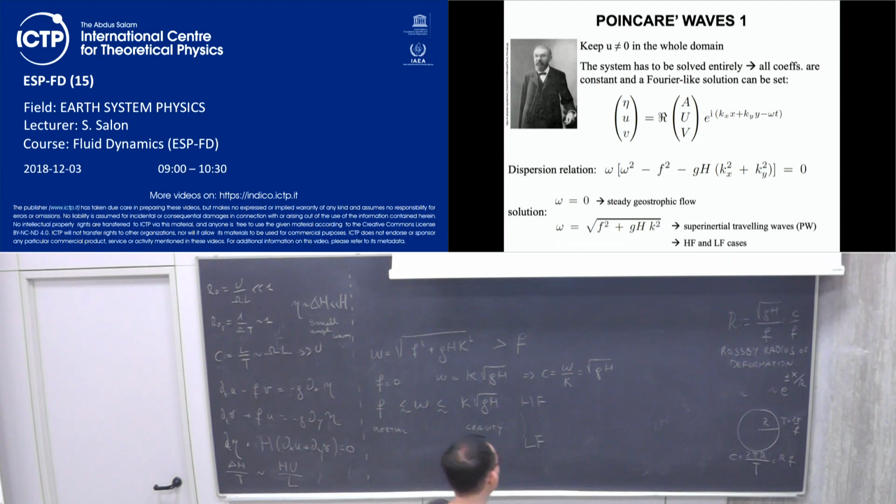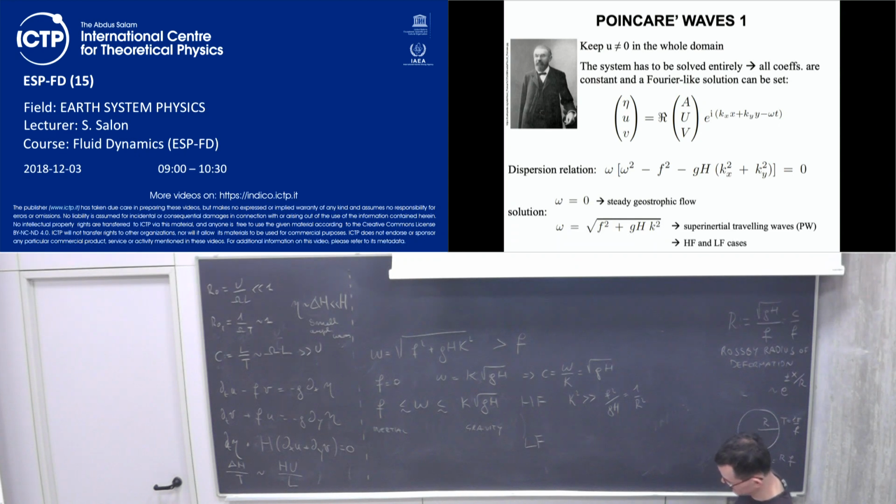So very small disturbances. So we can say that in our expression for omega, k squared is much larger than f squared over gh. But f squared over gh is nothing more than 1 over R squared, okay, where R is the Rossby radius of deformation.